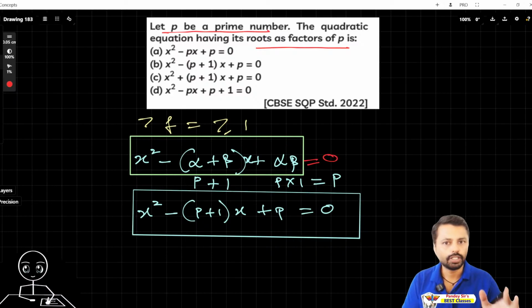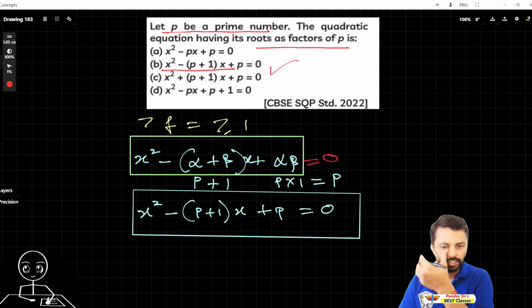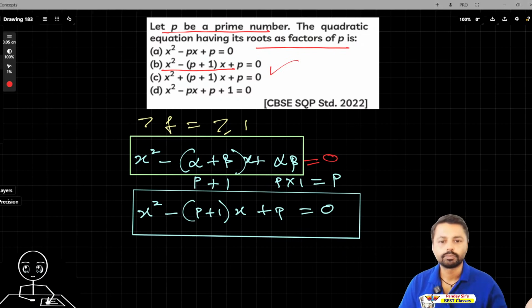That's the general formula to make the equation. And here we have x square minus (p plus 1) x plus p. So b is matching with that. That seems to be the correct answer. And yes, b is the correct answer.